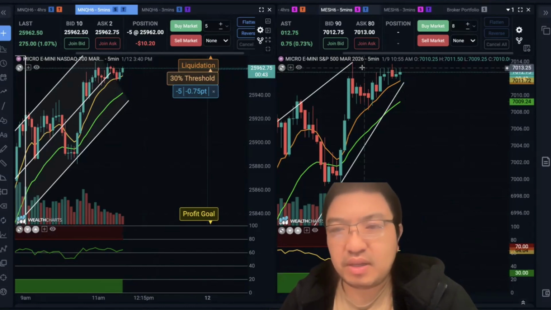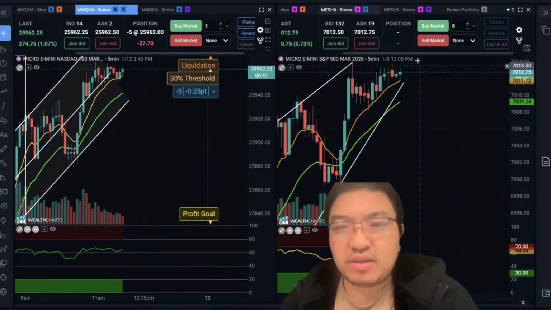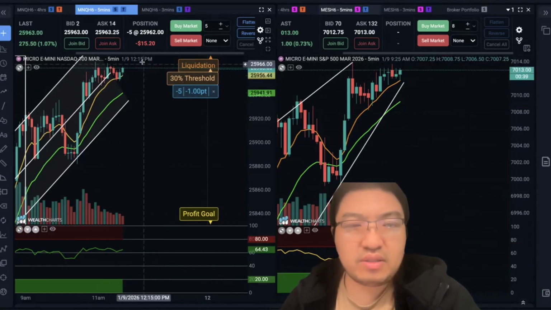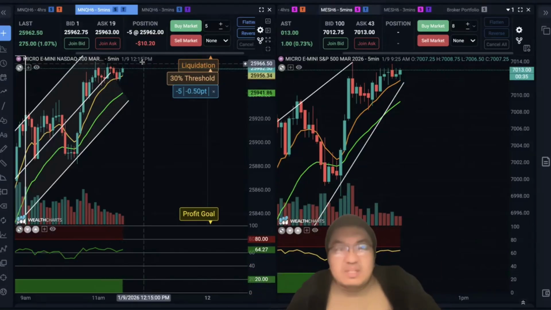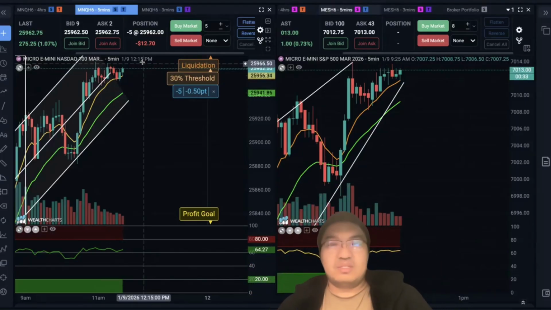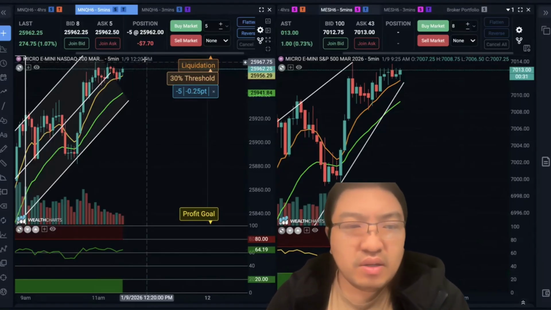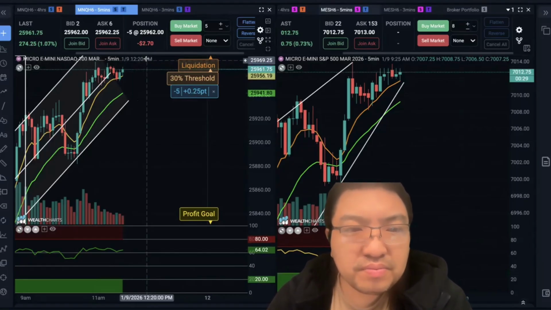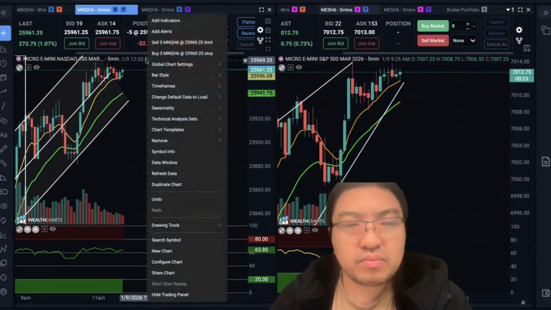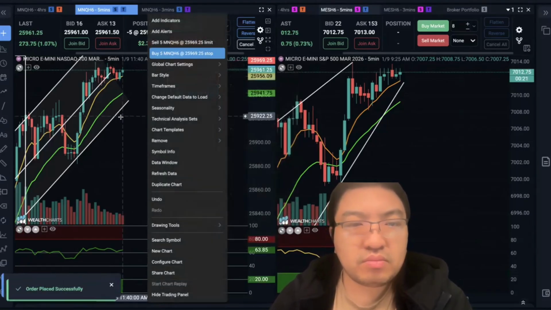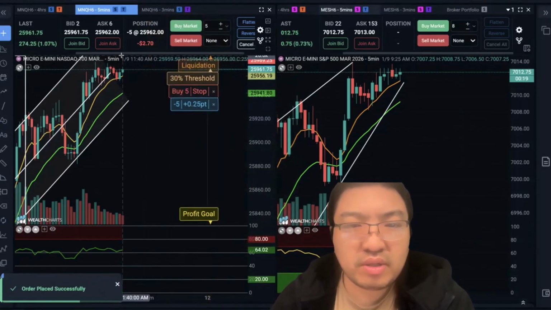If it breaks, then I will probably need to leave the trade. ES and NQ are on the same page. If the break is to the upside, then just leave the trade. Some stop loss somewhere here.